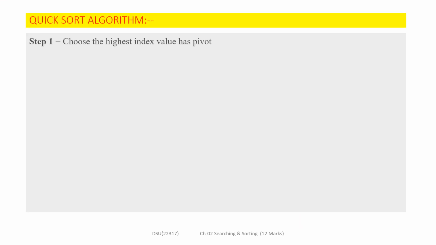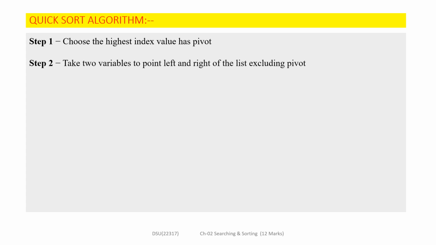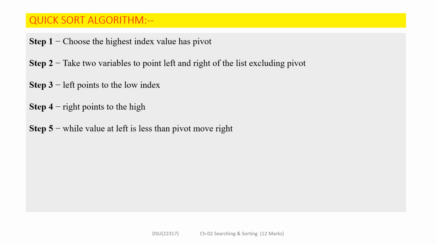We will see the algorithm. First step: choose the highest index value as pivot. Take two variables to point to the left and right of the list excluding the pivot. Left points to the low index. Right points to the high index. While the value at left is less than the pivot, move right.